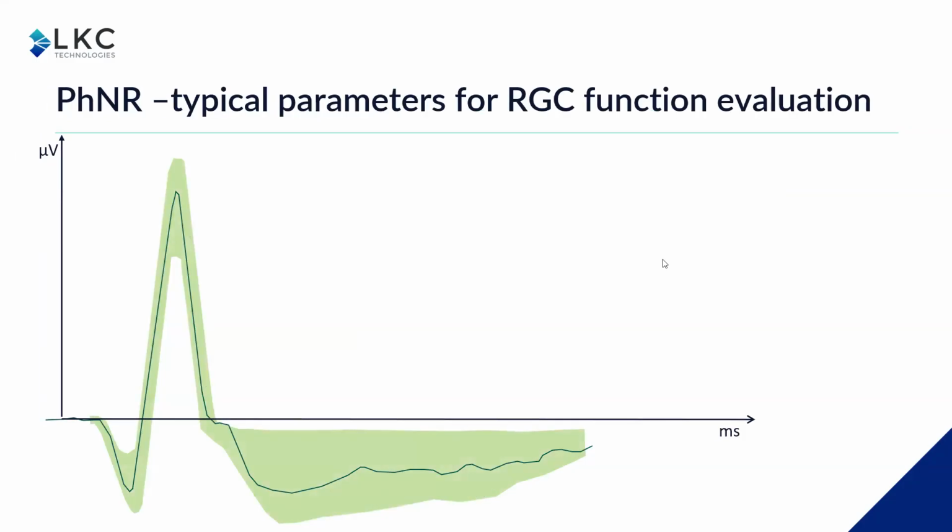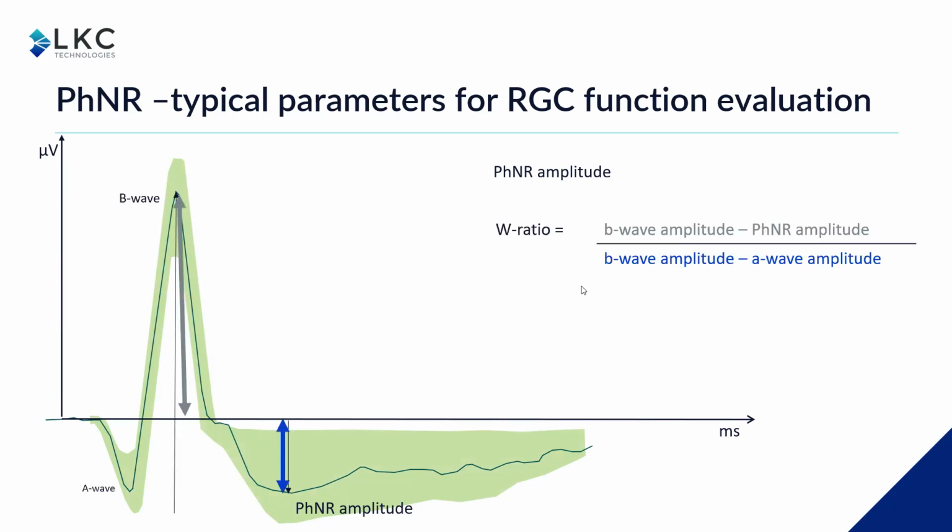However, running this test is to check if the ganglion cells are working, so usually we have suspected patients with maybe some lower functionality of retinal ganglion cells. Before, we looked at the photopic negative response amplitudes. We also recommended sometimes looking at the W ratio, which is a combination of the different values.